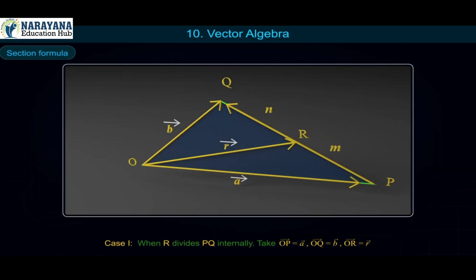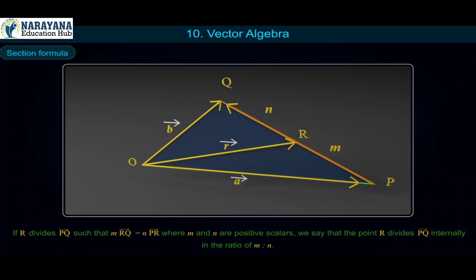Case 1. When R divides PQ internally, take vector OP equal to vector a, vector OQ equal to vector b, and vector OR equal to vector r. If R divides vector PQ such that m into vector RQ is equal to n into vector PR, where m and n are positive scalars, we say that the point R divides vector PQ internally in the ratio m is to n.